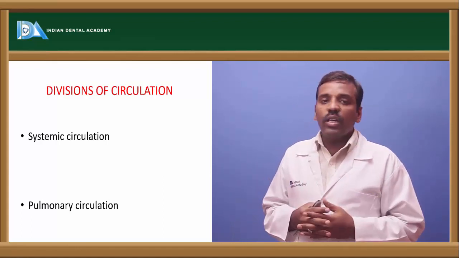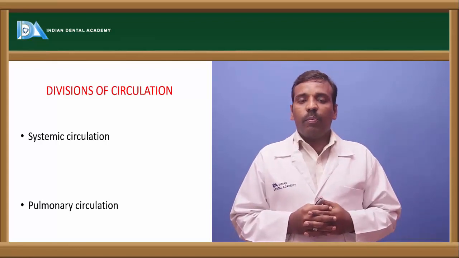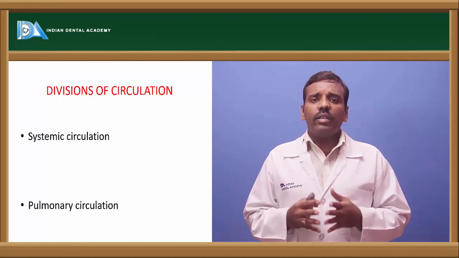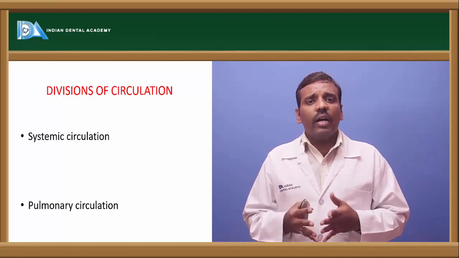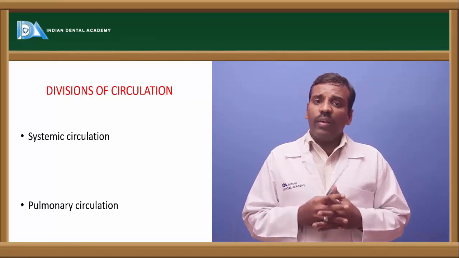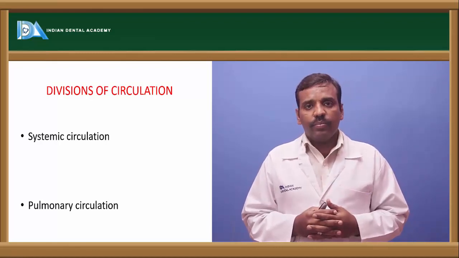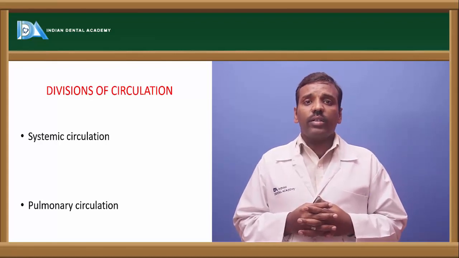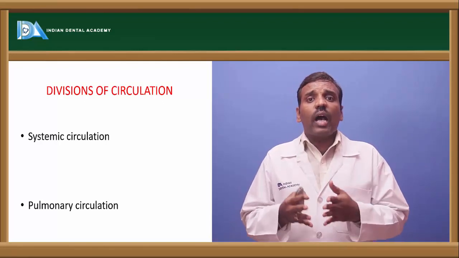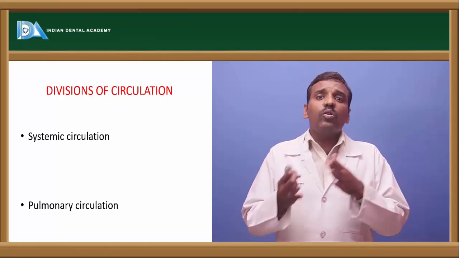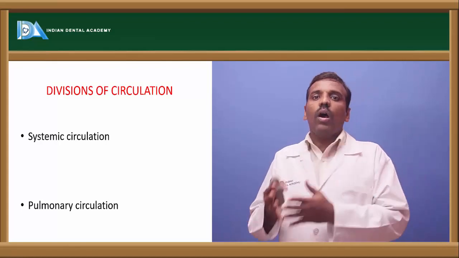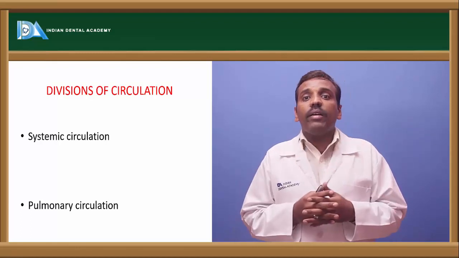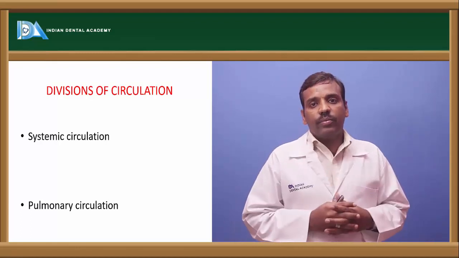Okay, and next one is pulmonary circulation. Pulmonary circulation is a different system. In the case of the systemic circulation, the arteries carry oxygenated blood and the veins carry deoxygenated blood to the systems from the heart. Whereas the pulmonary circulation is a system which carries the blood from the heart to the lungs and from the lungs to the heart. Here the arteries carry the impure blood from the heart to the lungs.